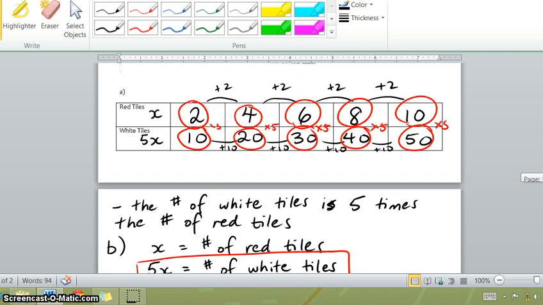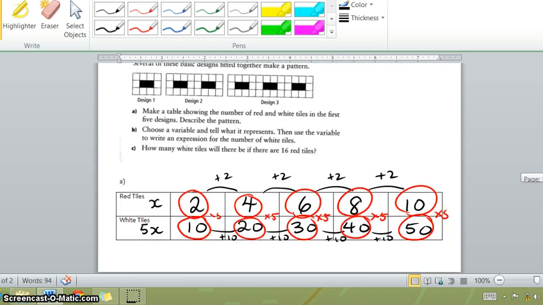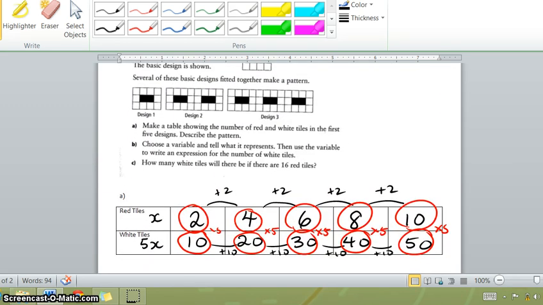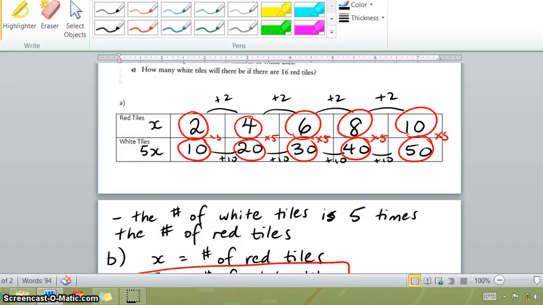So I'm going to go back and review what we just did. The first thing we did is we made a t-table, basically outlining the pattern of the red tiles to the white tiles in terms of the design numbers. We identified 3 patterns. We identified the pattern within the red tiles, or the x values. We also identified the pattern within the white tiles, or the 5x values.